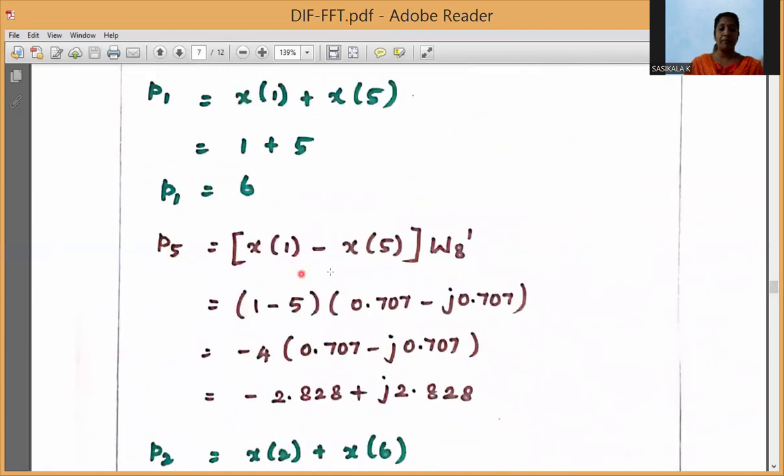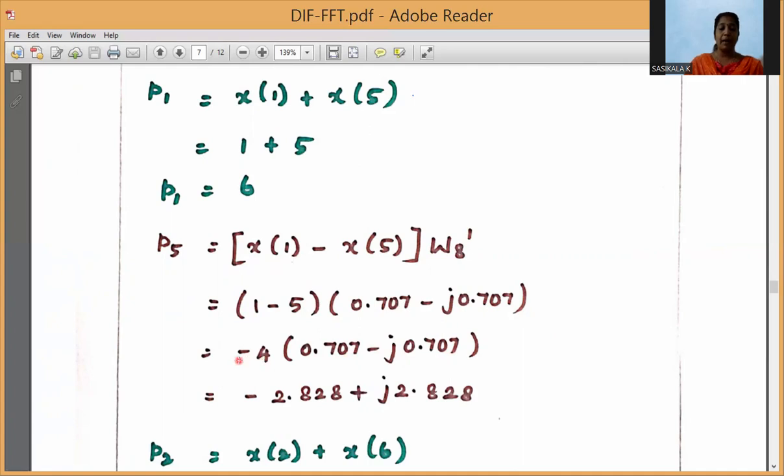That is x of 1 minus x of 5 into W8 power 1. X of 1's value is 1 and x of 5's value is 5. So 1 minus 5 into 0.707 minus j 0.707, which is the value for W8 power 1. So 1 minus 5 is minus 4 into 0.707 minus j 0.707.